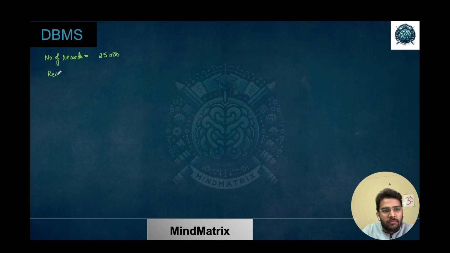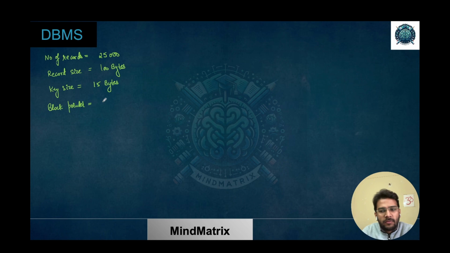Record size is given to us, which is 100 bytes. So first you need to write all the important information given in the question in order to solve it correctly. Now key size is also given to us, that is 15 bytes, right? And then after that block pointer size is given, which is 5 bytes.